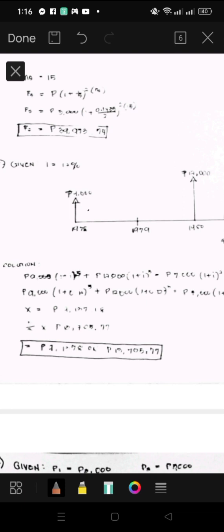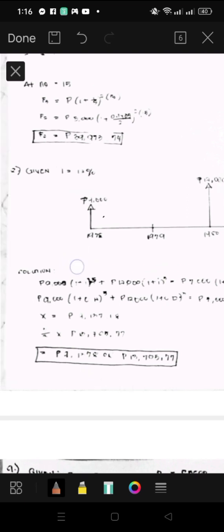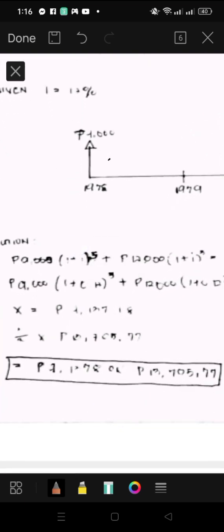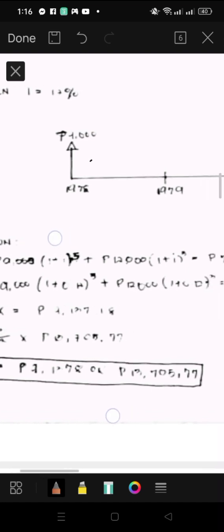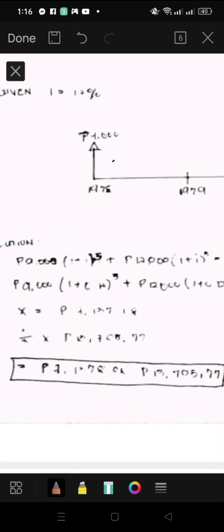And the second value is equal to 3x, so we substitute the value obtained for x from equation 1. So that works out to 13,705.77.